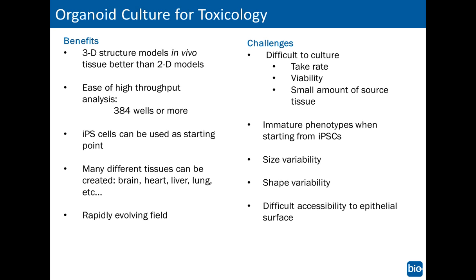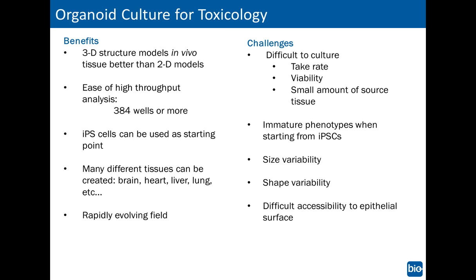So the benefits of organoid cultures are in its structure. So the 3D structure models in vivo tissue better than 2D models. They are amenable to high throughput analysis, and iPS cells can be used as a starting point. So these induced pluripotent stem cells are great because they provide an isogenic source for many different types of tissues.